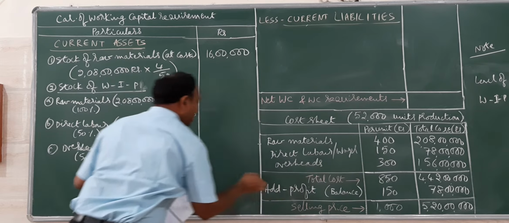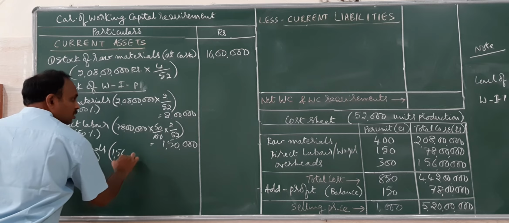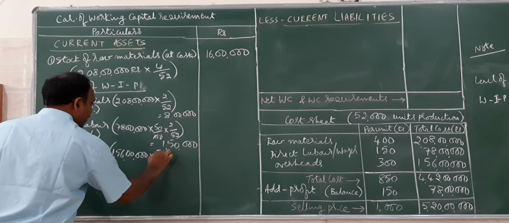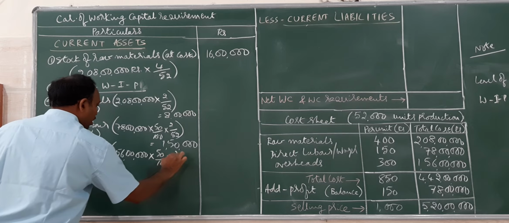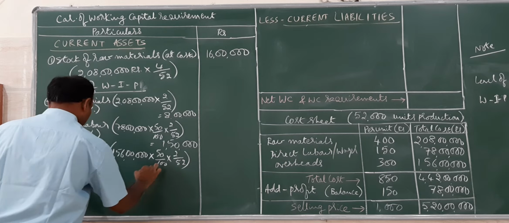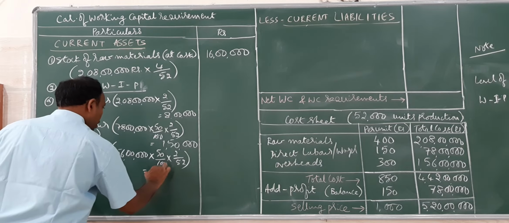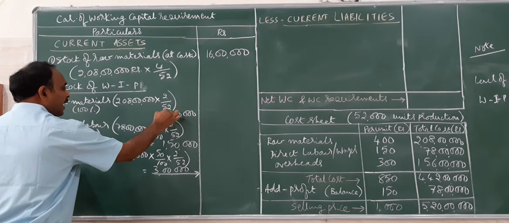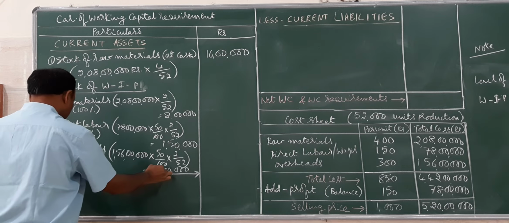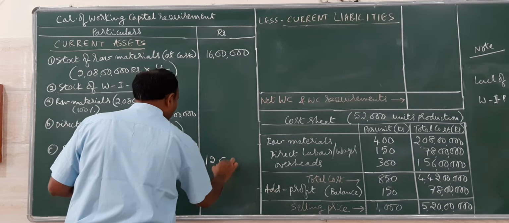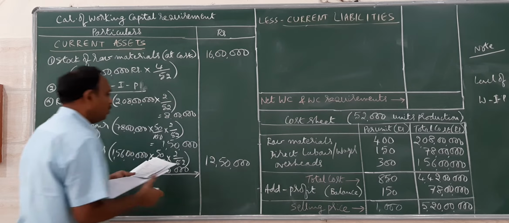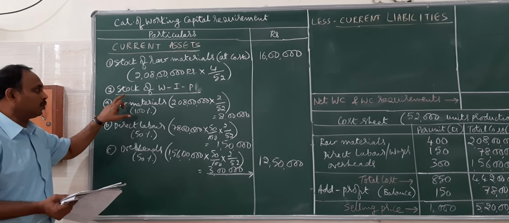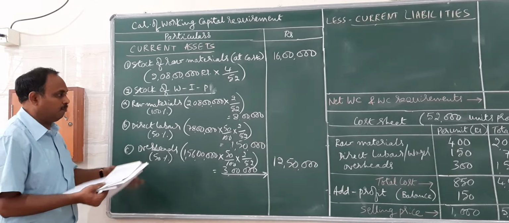Overheads total 1 crore 56 lakhs, 50% complete for 2 weeks. It amounts to 3 lakhs. So we have to add 8 lakhs plus 1 lakh 50 plus 3 lakhs. It comes to 12 lakh 50,000. When we have different percentages of completion for work in progress, we have to work separately.